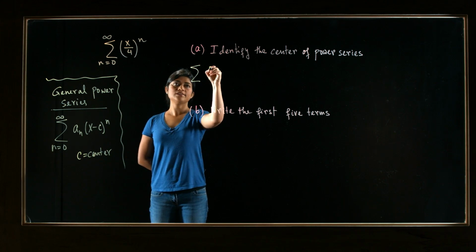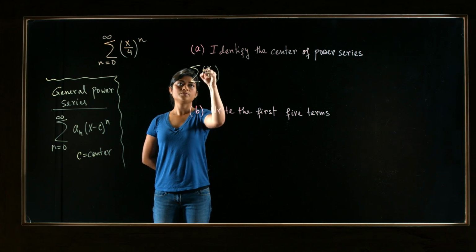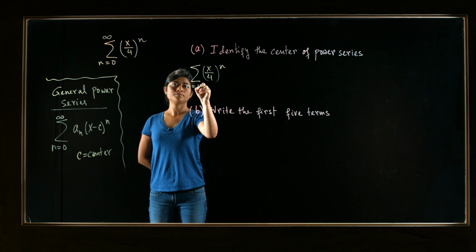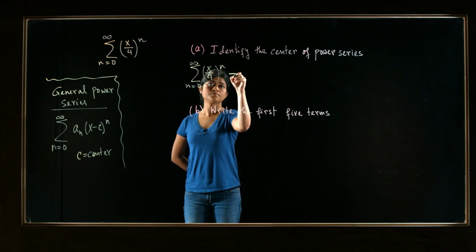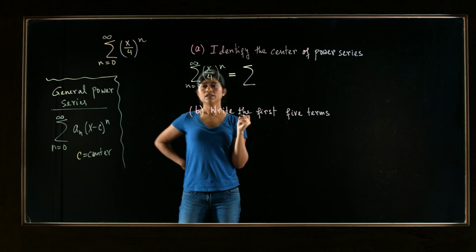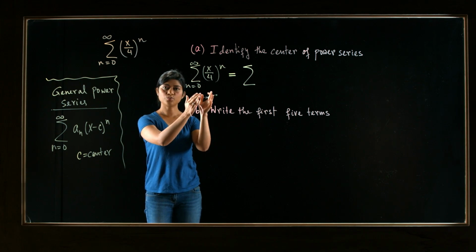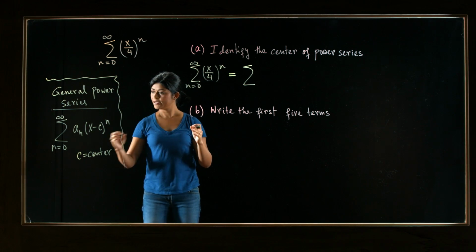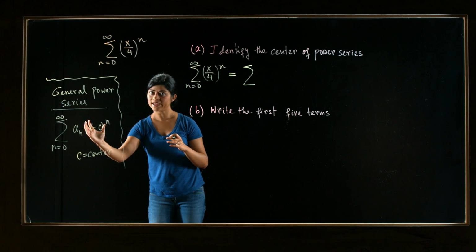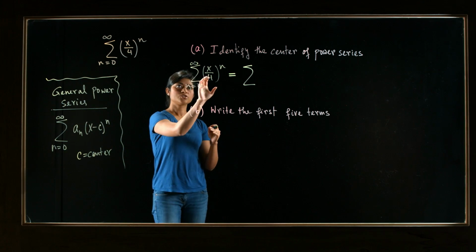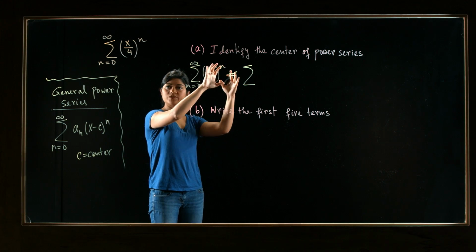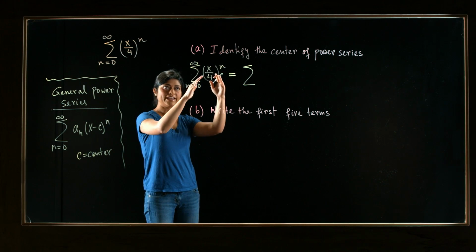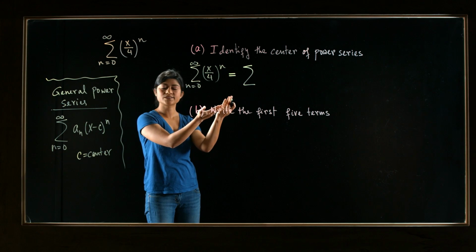So the series is x over 4 to the power n. Let's rewrite it in such a way that we separate the n component from the x component. Let's keep the x by itself and take out anything else that's attached to it.